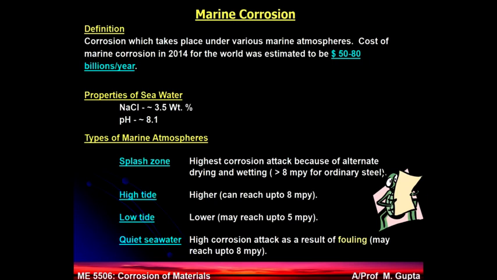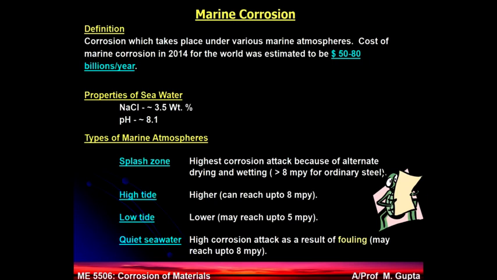If you have a splash zone, the waves come, hit, and come back, so the material will become wet. It will take the impact of the waves, and in the daytime it can dry off also. So the corrosion rate will be high. Again, at high tide the velocity is high, so you can have a high rate of corrosion. Low tide is okay, relatively less.